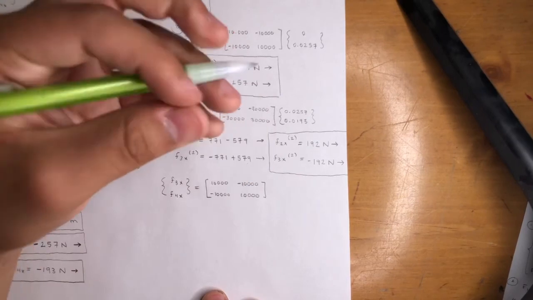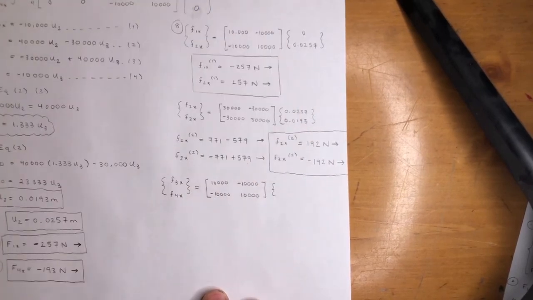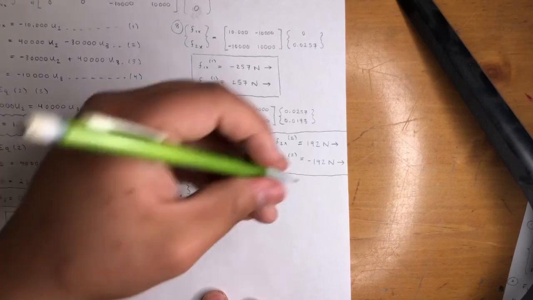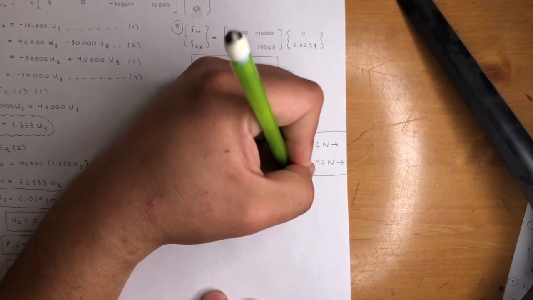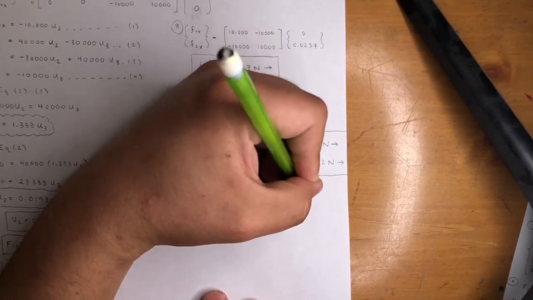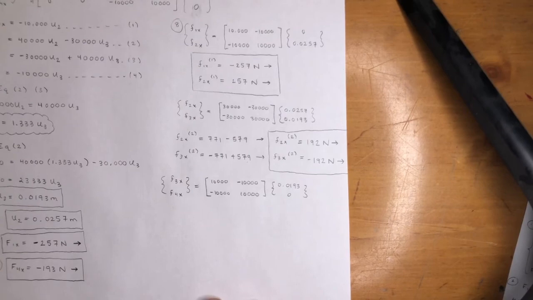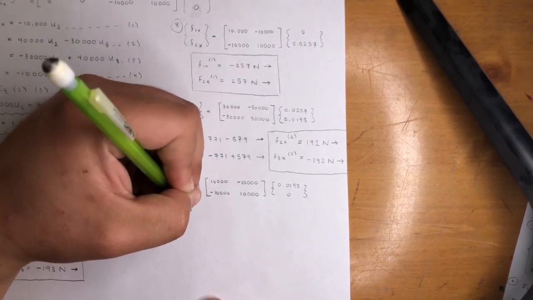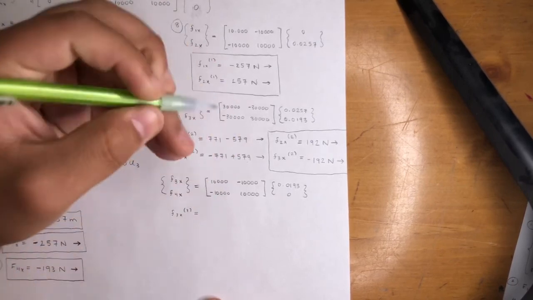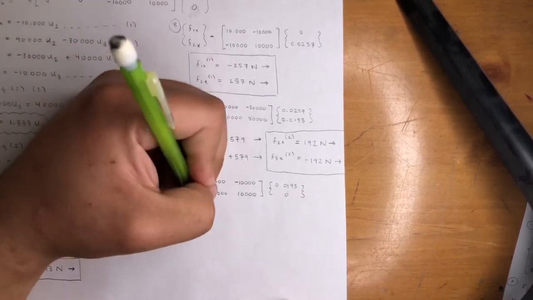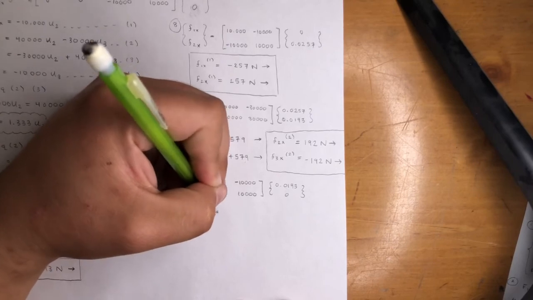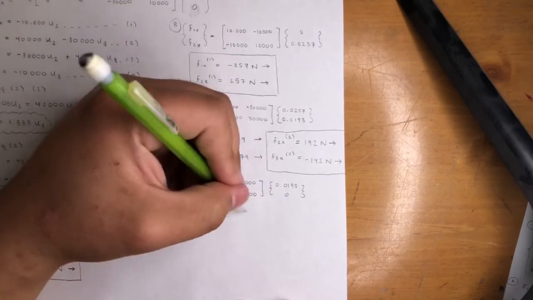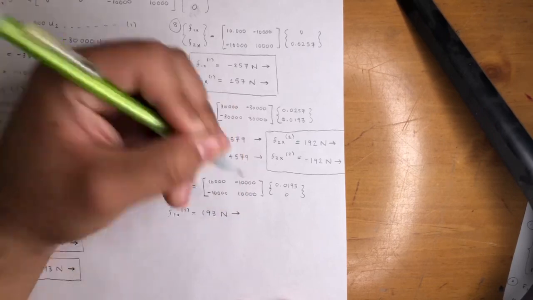The displacement vector is U3 and U4, so it is 0.0193 and 0. All right, we're almost there. F3x of element 3, the third spring, is 10,000 times this, which is 193 newtons, minus 10,000 times 0, which is 0. So that's the answer going this way.